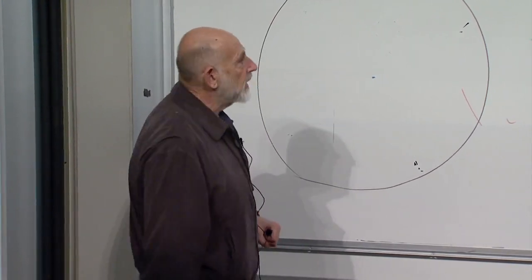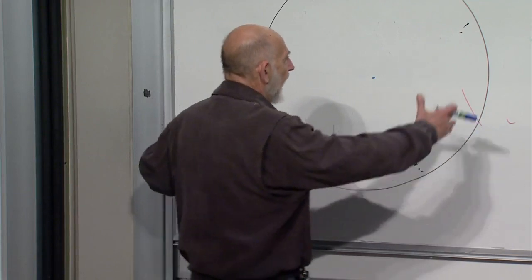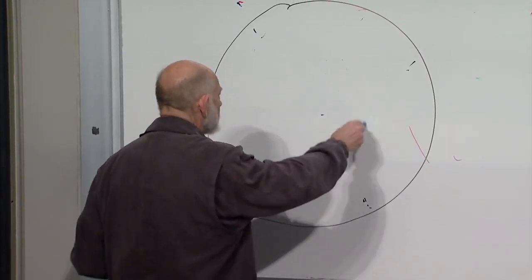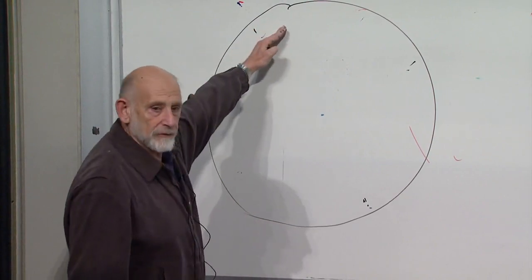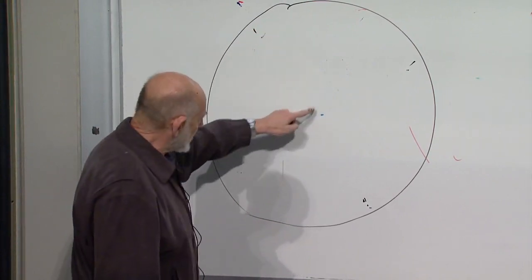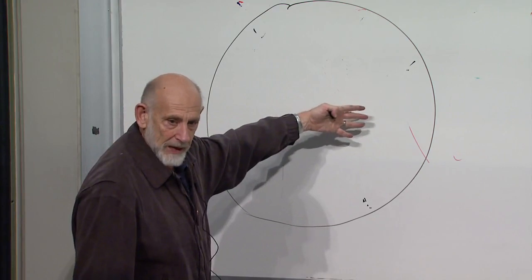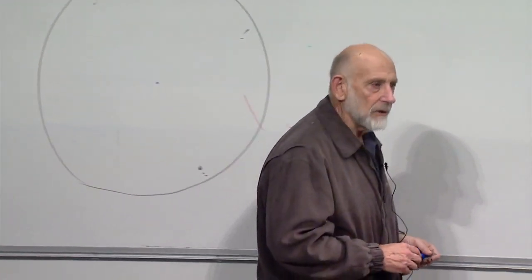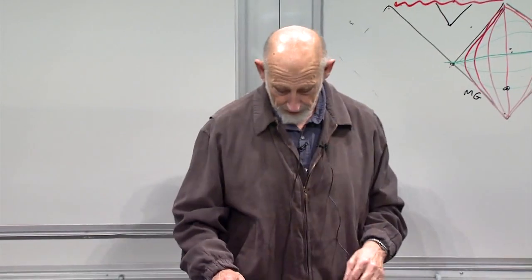That's even true if the shell is moving. As the shell moves in, more and more space will look like the field of the point mass, and less will look like empty space. But interior to the shell, it always looks like nothing's there. Exterior to the shell, it looks like a point mass.